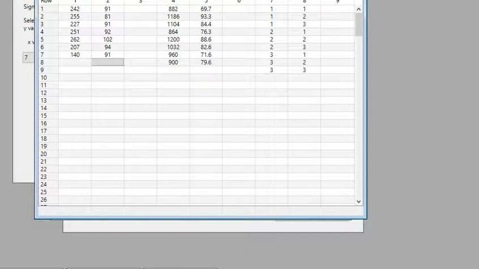So we're going to do a hypothesis test as to whether or not there's a significant regression. That is, whether the slope of the line here is significantly different than zero.